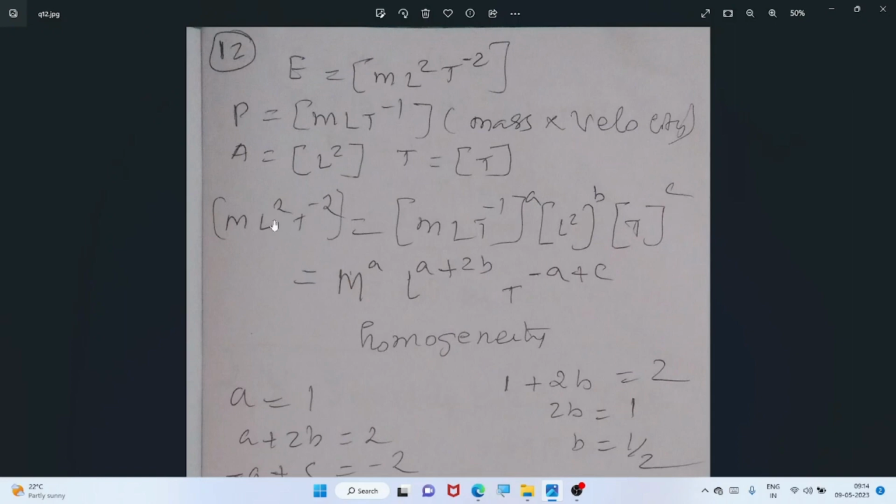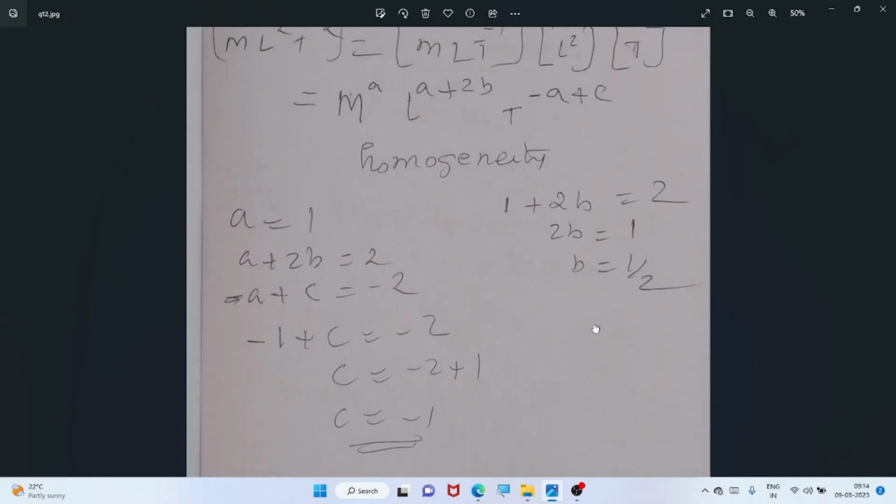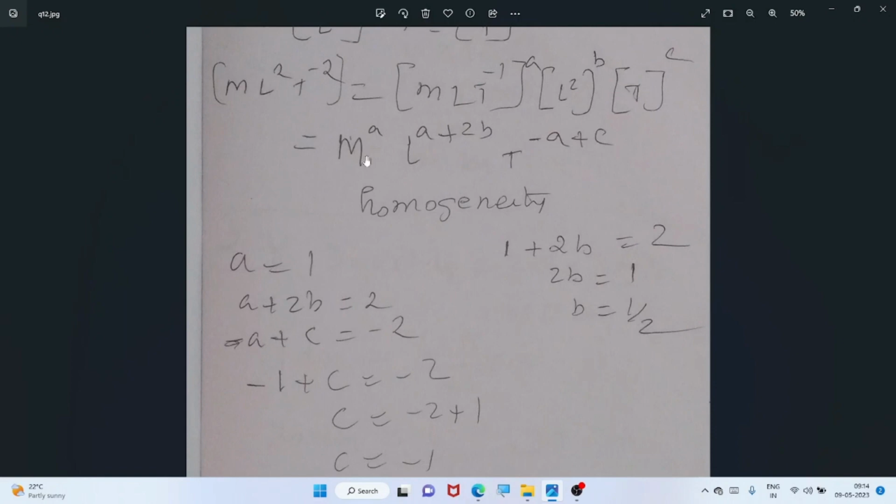So the left side dimensional formula, this is the right side dimensional formula. Then A equals, this is given here, A equals 1, because this power is 1. A plus 2B equals 2, then we are finding out the other parameters, okay.